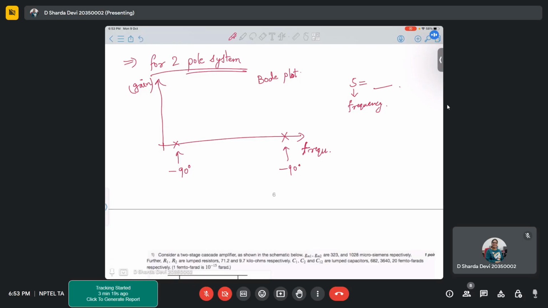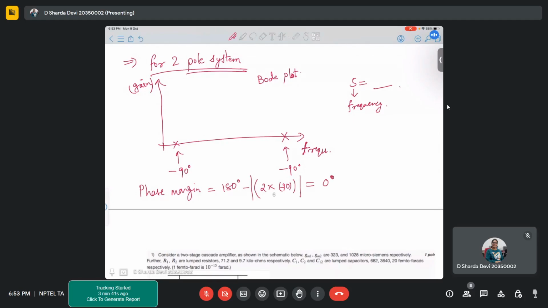So the phase margin can be given as 180 minus 2 times mod of minus 90, correct? Which is 0 degrees.